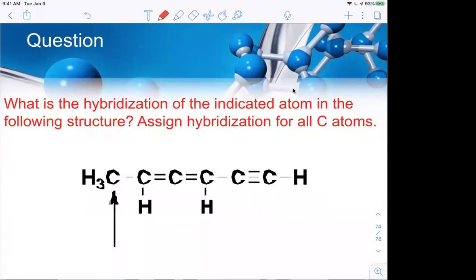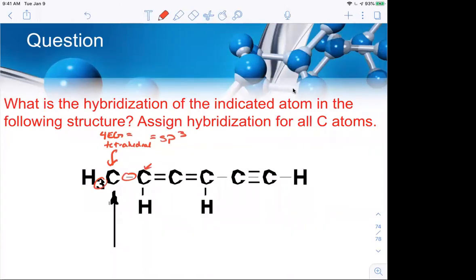If I wanted to assign hybridization for all carbon atoms, I basically have to look at the VSEPR geometry. I have 3 hydrogens and 1 bond. So this has 4 electron groups, which is going to be tetrahedral, which is going to be sp3.